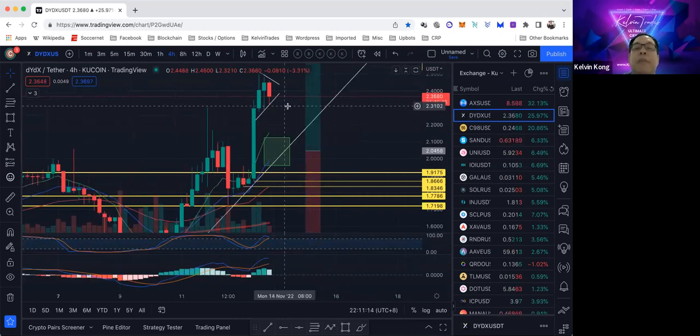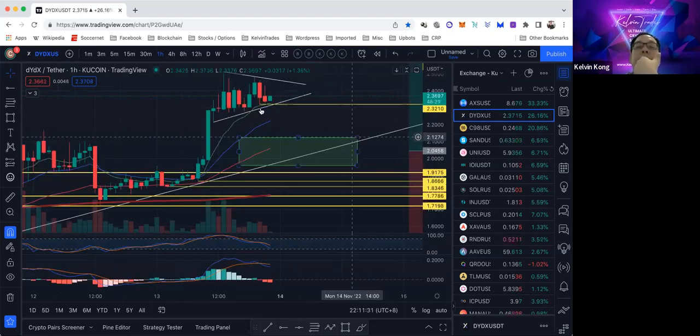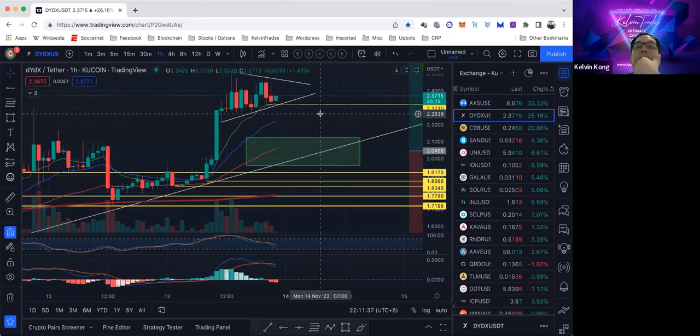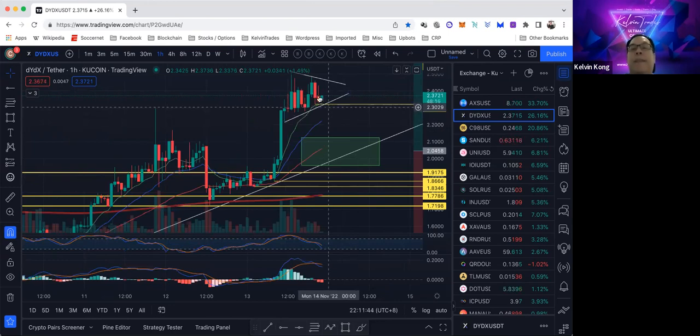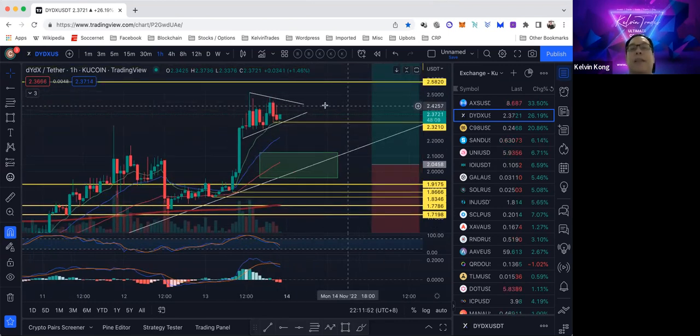I will place my buy stop limit order below this candlestick. Yeah, probably 2.28 lah. I will put it somewhere there to catch the breakdown. Okay, that's how I would trade this.